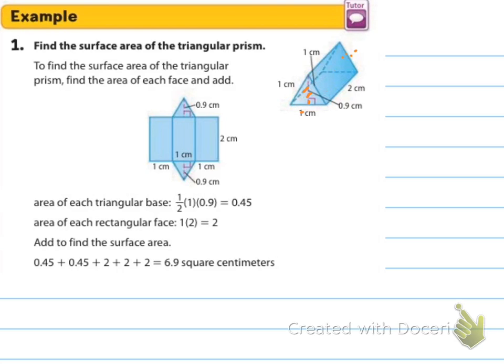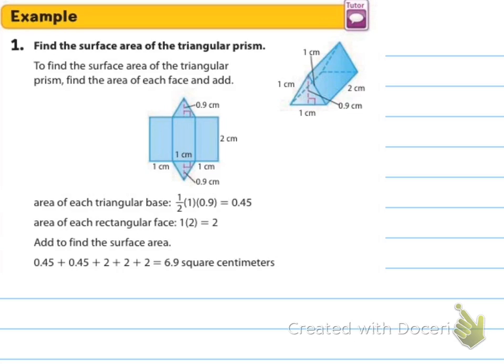So altogether we're talking about 5 sides. So when we're finding the surface area, we're finding the area of each of those 5 sides and then adding them all together. Now the triangles are always the same, so you can find the area of one triangle and then just multiply that by 2 or add that twice.